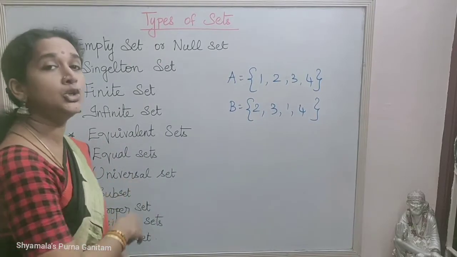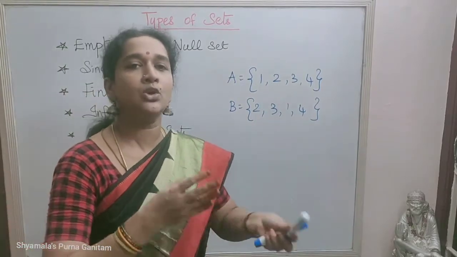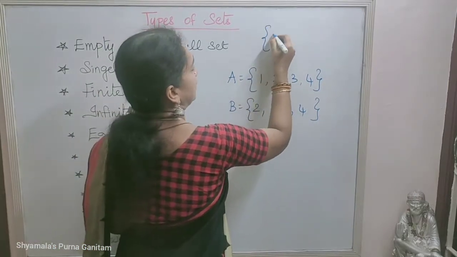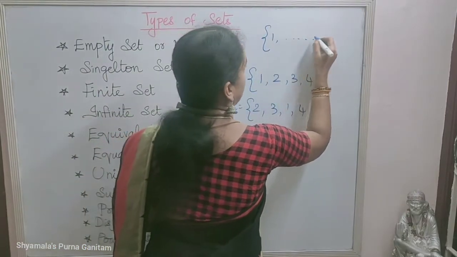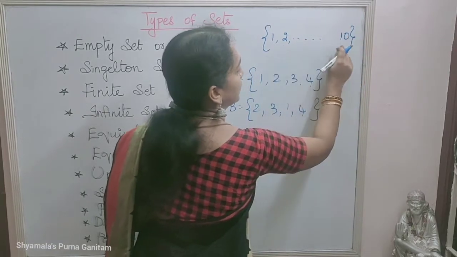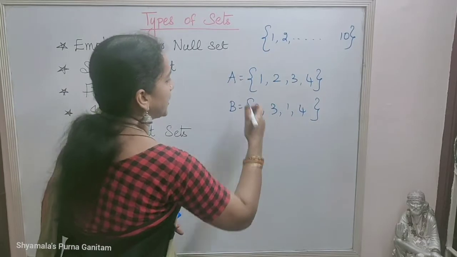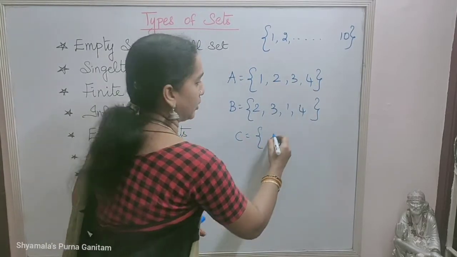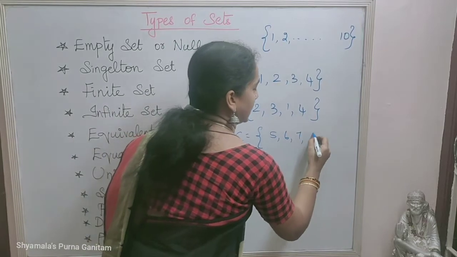Then universal set. When you take many sets, for example, if I am writing numbers from 1 to 10, 1, 2, 3 up to 10, then from this I am writing many sets. Here 1, 2, 3, 4 I wrote. Then 5, 6, 7, 8 I wrote.